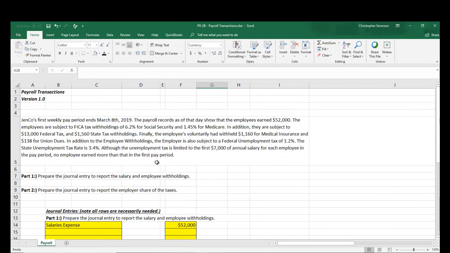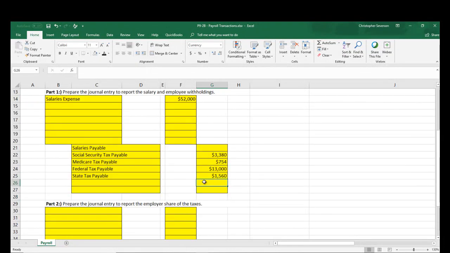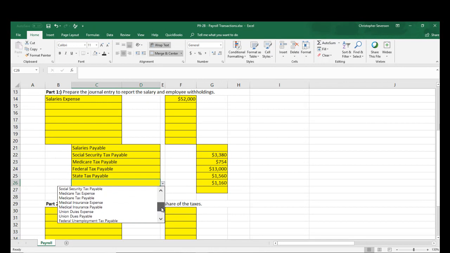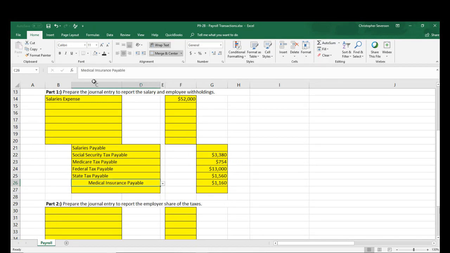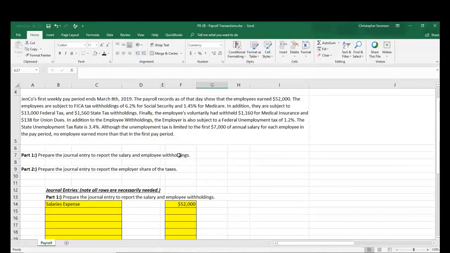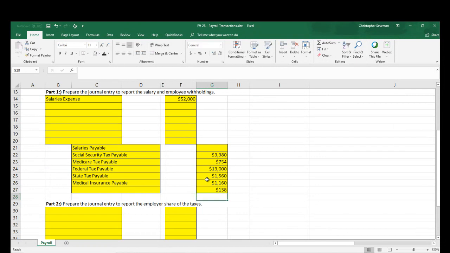And then we had $1,160 for medical insurance. Now this is, again, a payable to the insurance company. And the last one was $138 for union dues.